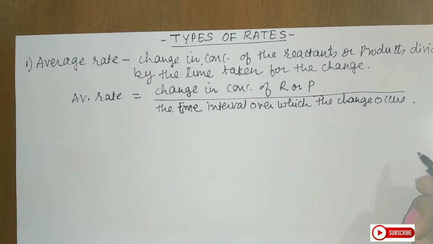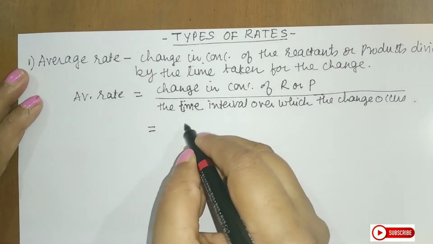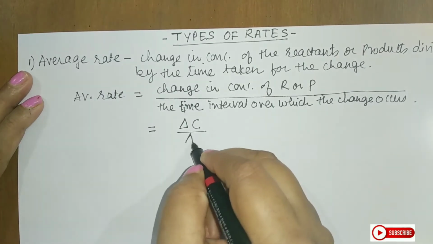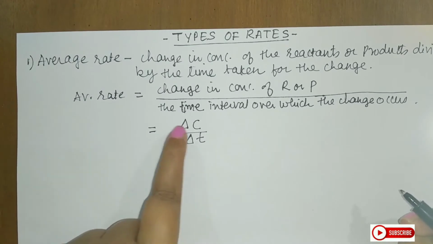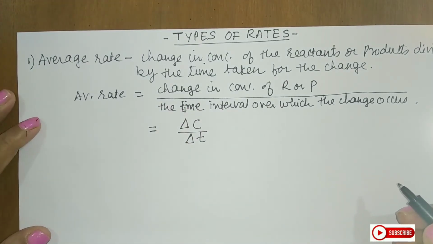Now how can I represent this, students? Change in the concentration. Change we denote by delta. So this is delta C upon delta T. This delta C means change in the concentration of the reactant or the product.